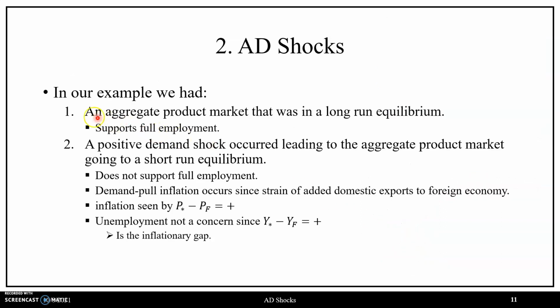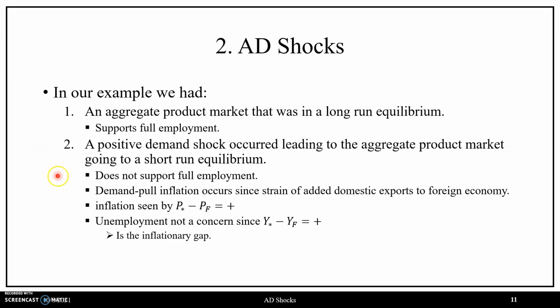So in our example, what we had was an aggregate product market that was in a long-run equilibrium that supported full employment. In this case, there was a negative shock to a foreign economy corresponding to a positive demand shock in our aggregate product market for the domestic economy.